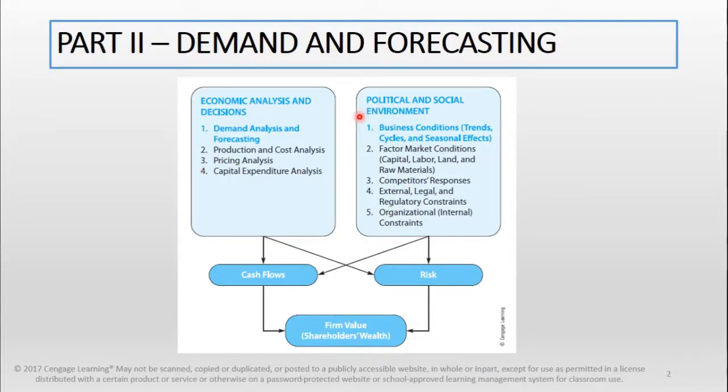Aside from that, we also have the political and social environment, which includes your business conditions, factor market conditions, competitors' responses, external legal and regulatory constraints, organizational constraints. So we will be talking about their effects on cash flows and also the related risks and their overall effect on the firm's value or your shareholders' wealth.